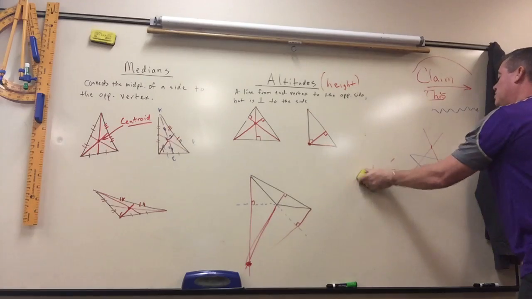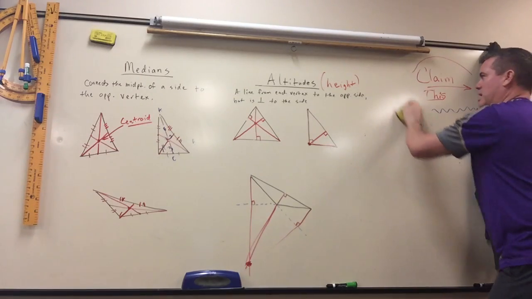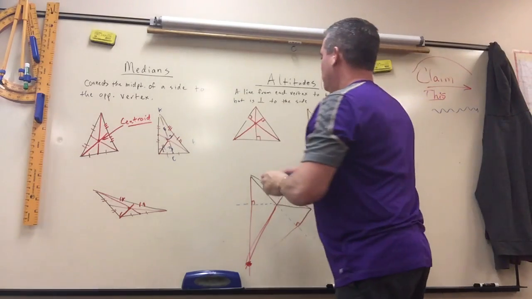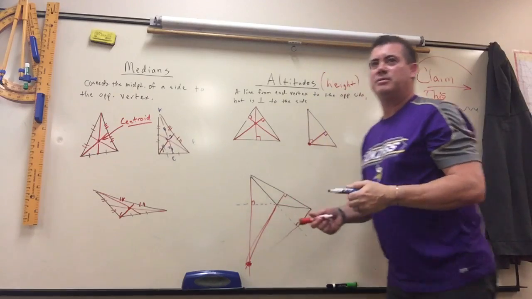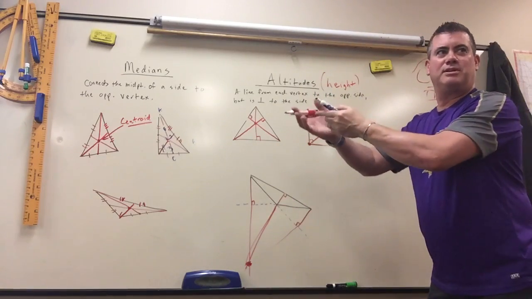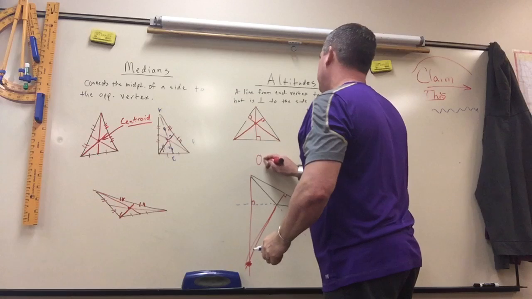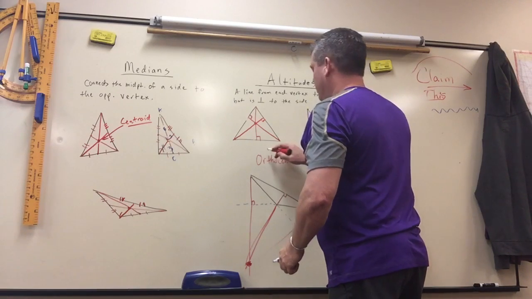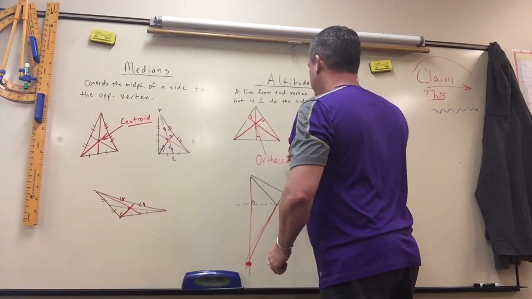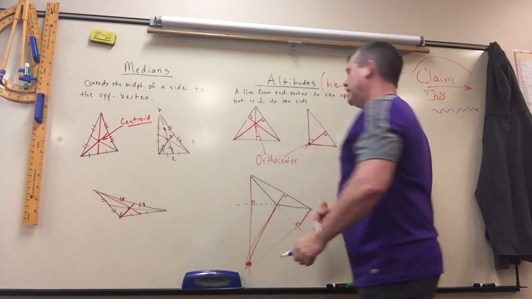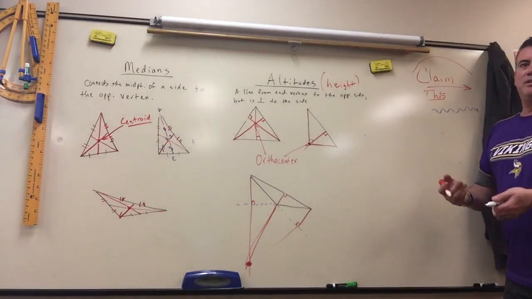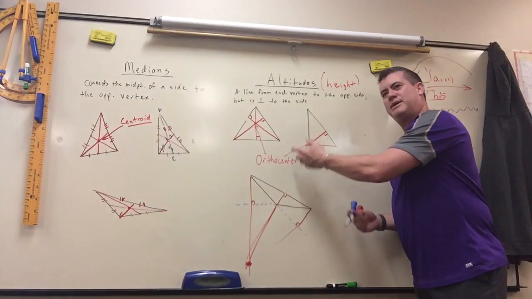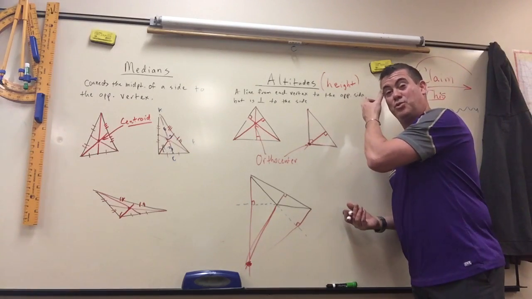So these two are similar in that sense. Now, the thing with an altitude is, it's got a point where they all intersect, and it's got a name. Can anyone guess what it is? It's the orthocenter. This is the one that I saw on an ACT test. And of these three things, the orthocenter doesn't do anything.